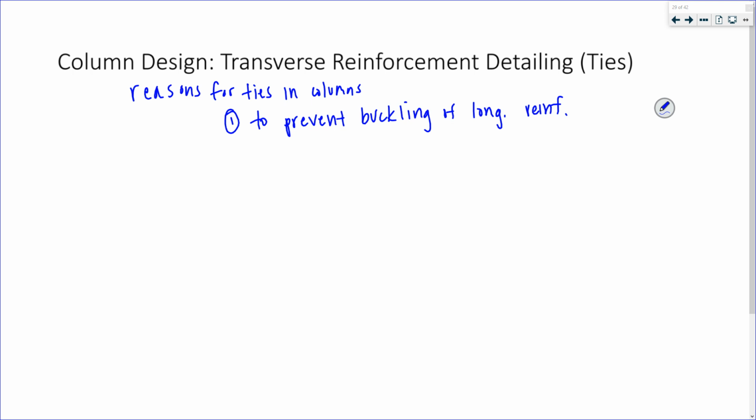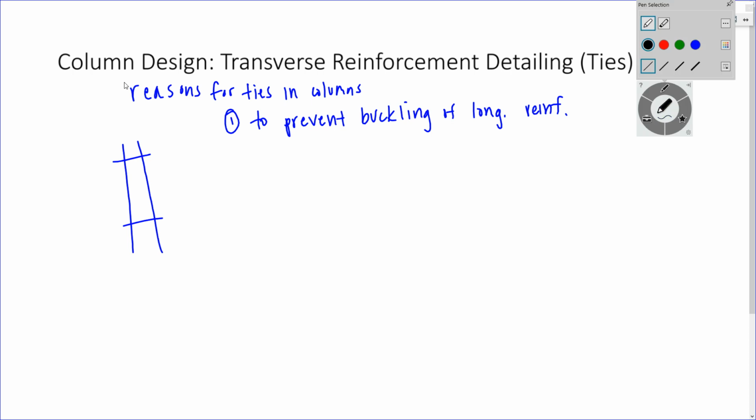The longitudinal reinforcement is in compression. When we have something in compression, it might buckle. If we brace it with the ties, that decreases the length over which that can buckle, right? If we have it like that, it could buckle there, versus if we add another tie, now we've shortened the length over which it could buckle, right? Those are longitudinal up and down and ties horizontally.